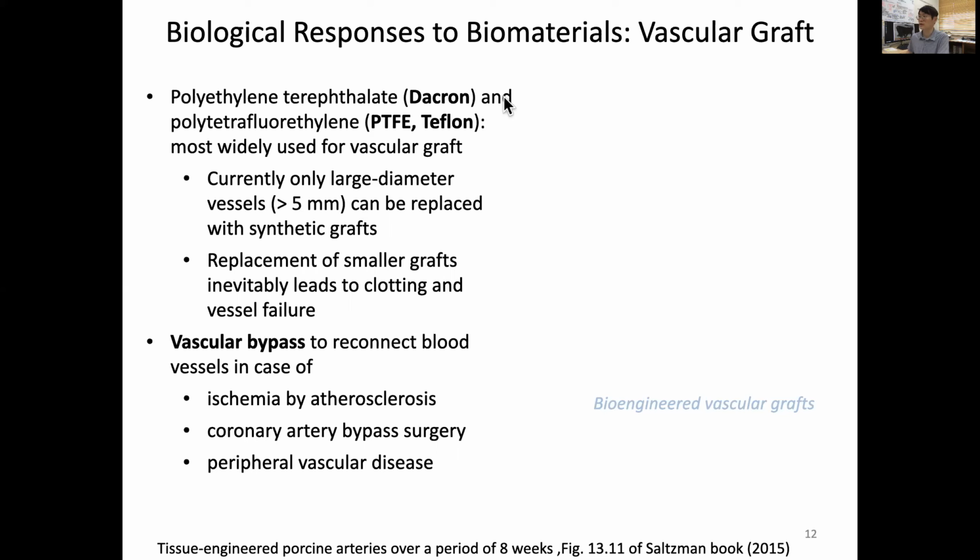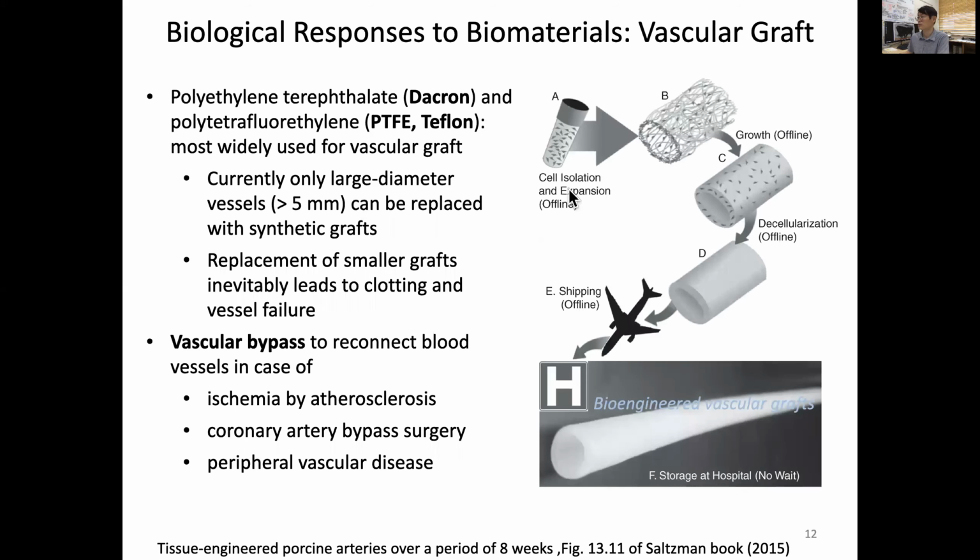How this happens for vascular grafts is shown here. Cells are isolated and expanded and put into a scaffold shaped like a vascular vessel. The cells grow here and then secrete extracellular matrix.